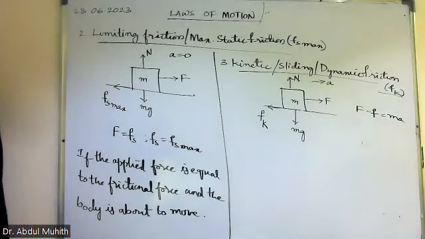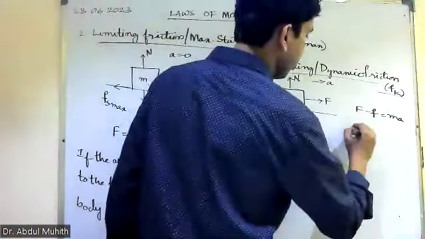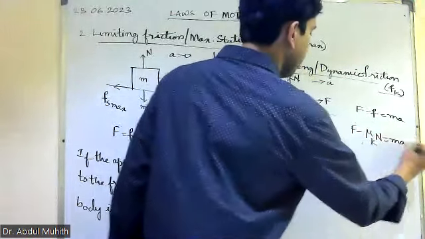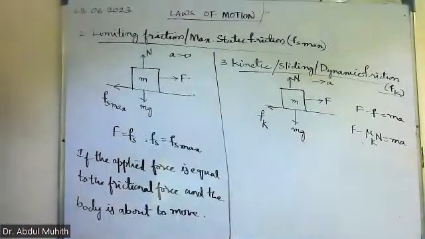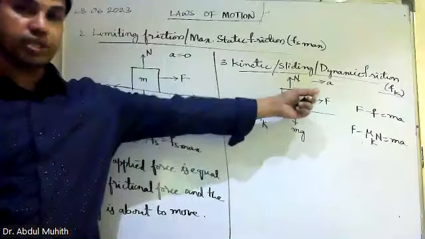Is that clear? So we can write F minus mu k times N equal to Na. Applied force minus frictional force equal to the resultant force.